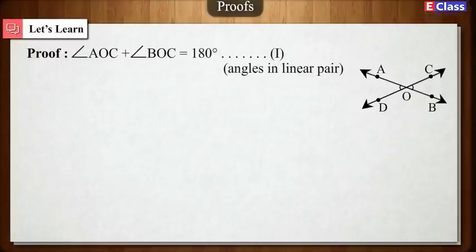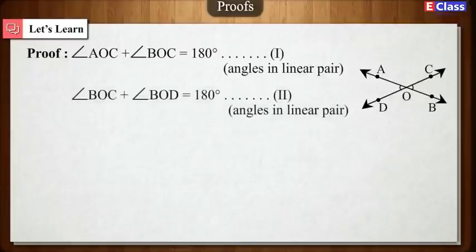Let us mark this as statement 1. By angles in linear pair, angle BOC plus angle BOD is equal to 180 degrees. Let us mark this as statement 2.